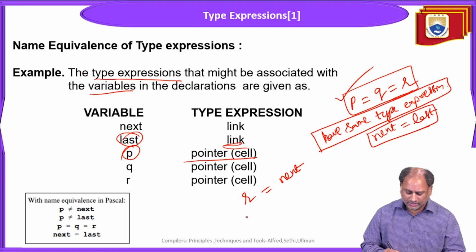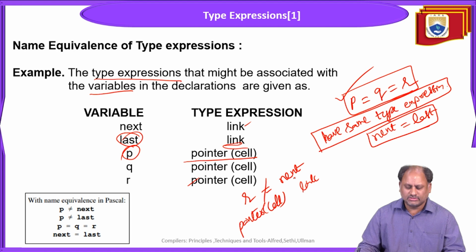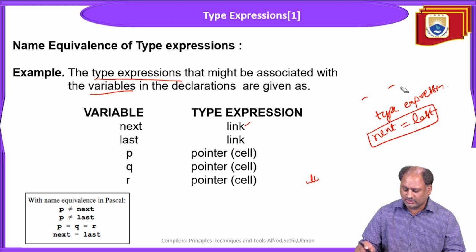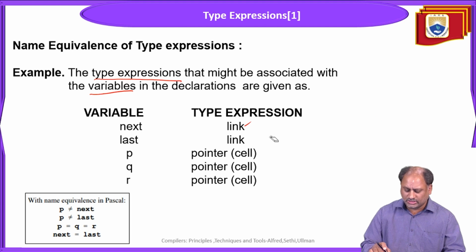Because the type expression name of the corresponding variable R is pointer of cell, whereas next is link. So both are not equivalent. So like that, name equivalence can be verified for each of the type expressions, whether they are following the same type expression name or not.